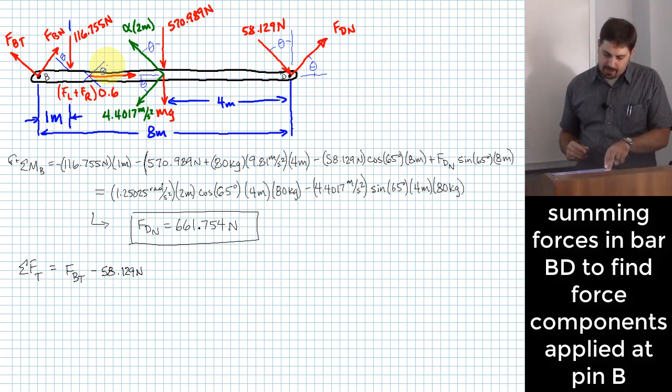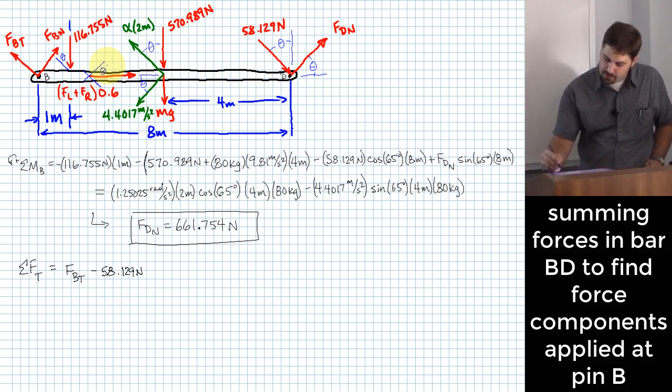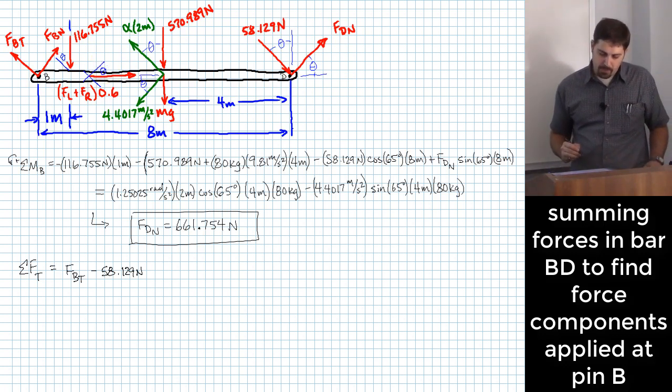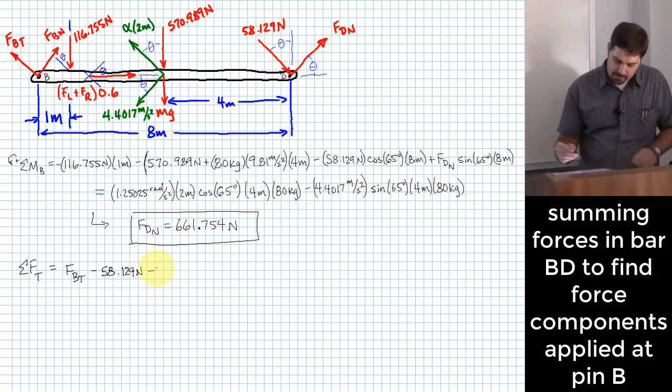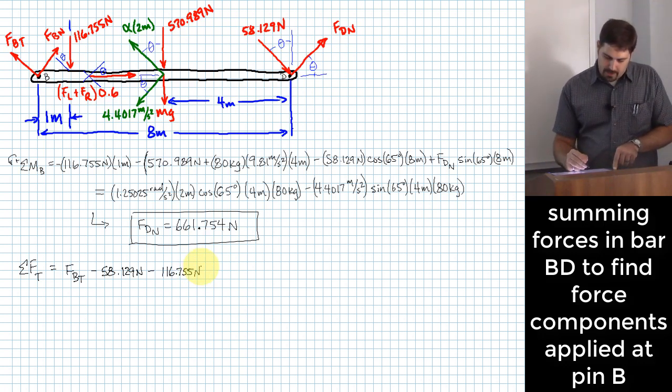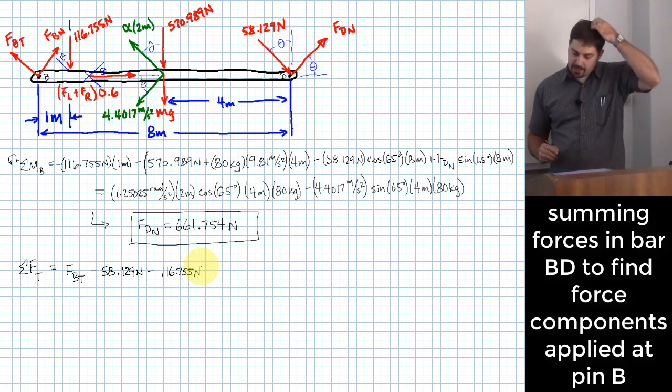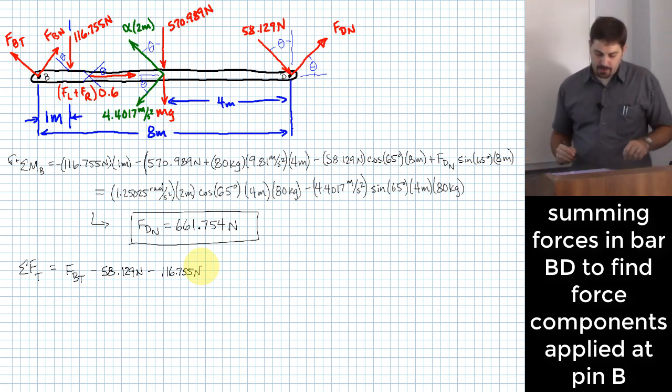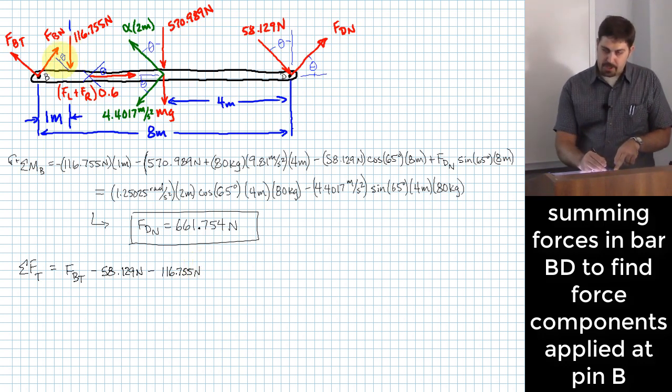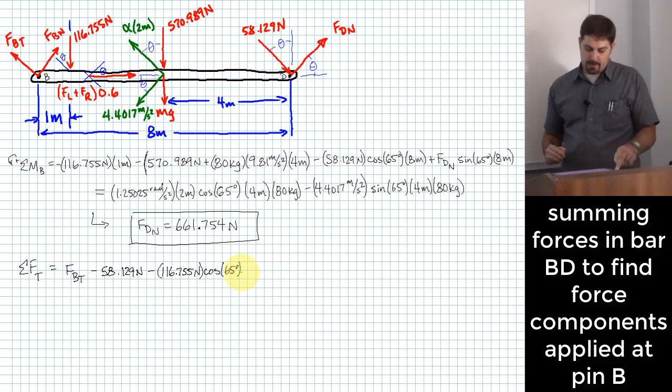The next one being the F sub L, the 116.755 newtons. Okay, does it point in the same direction generally or the opposite of FBT? Opposite, so I say minus 116.755 newtons times, what trig function do I need to multiply by to get the component that points the same direction as FBT? It's adjacent, right? So I take a cosine. Okay, then what?